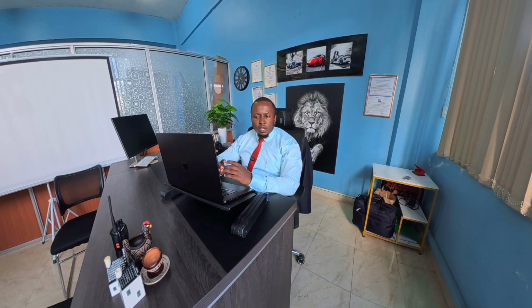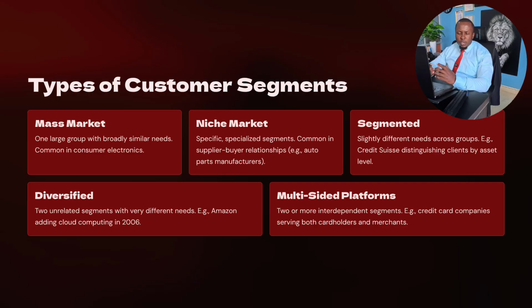Now, when it comes to customers, there are different segments through which you can look at them. The first segment is mass market. This is one large group which broadly has similar needs, and it's common in consumer electronics. So you find one product fits a multiple array of individuals or organizations.